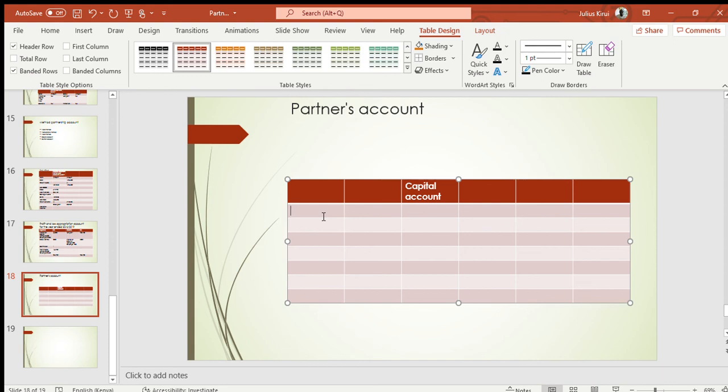So we have particulars, or let me call it details so that it is short. Details, Kamau, Onyango, details, Kamau, Onyango. So how many partners do we have? We have two partners.